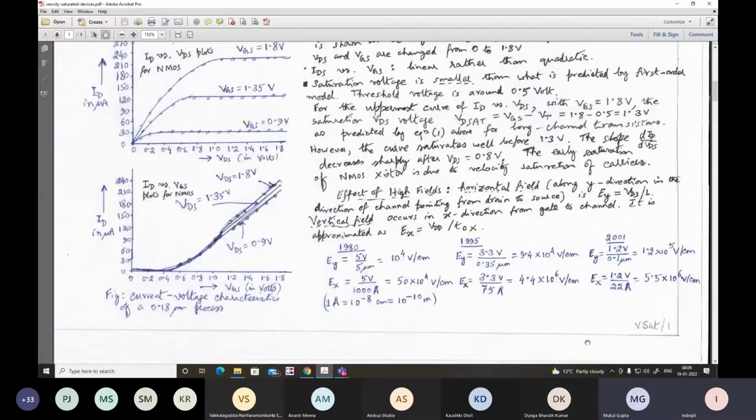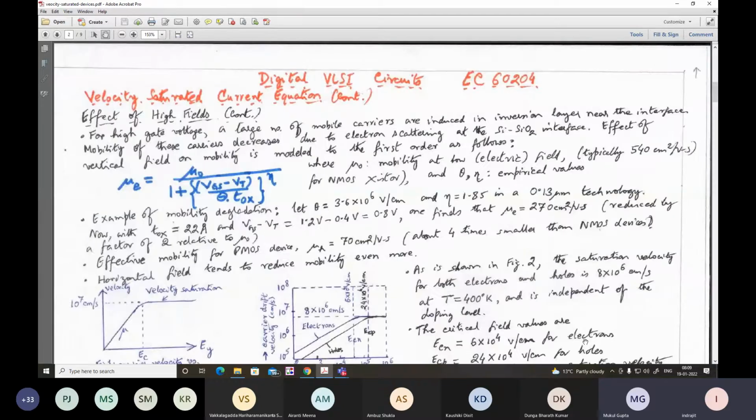Now, what is the effect of that? Normally, the effect is that at the oxide silicon interface, there happens some electron scattering due to dangling bonds in the silicon dioxide interface, and due to that, the mobility will decrease. There is constant collision amongst the carriers as they move about.